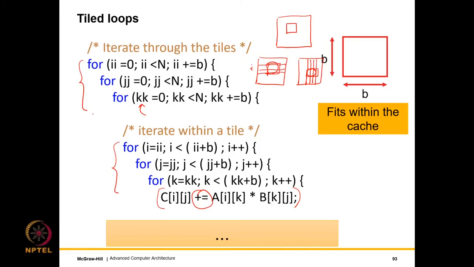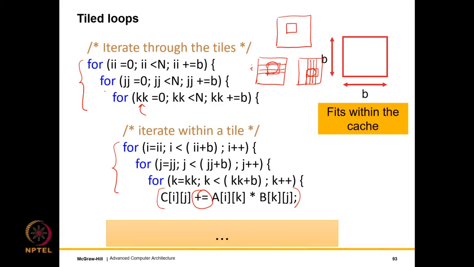So it is in fact quite easy to prove that this multiplication is doing exactly the same thing as matrix multiplication. So this is something that can be proven. If you think about it, let's say that n is divisible by b.